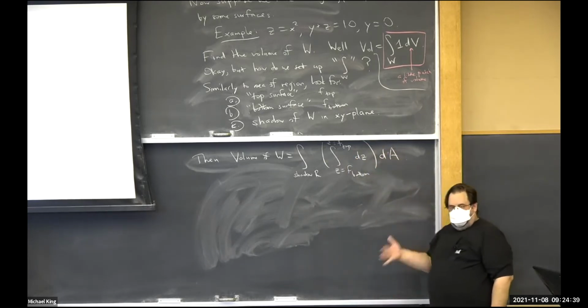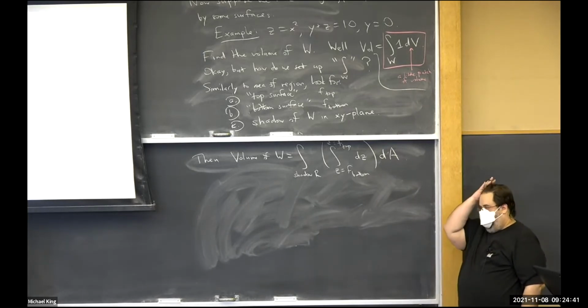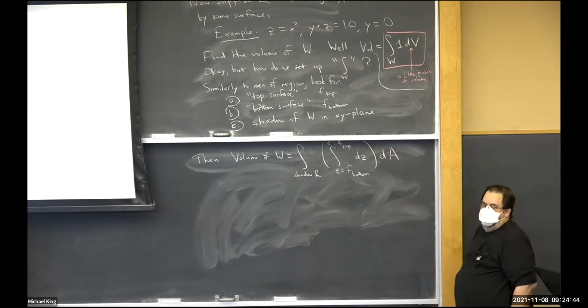And then if we identify the shadow, we've reduced it to a solved problem: just finding the double integral over the shadow.